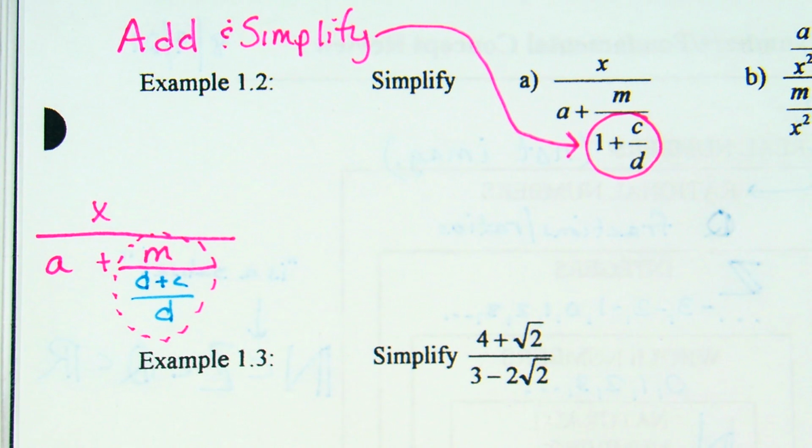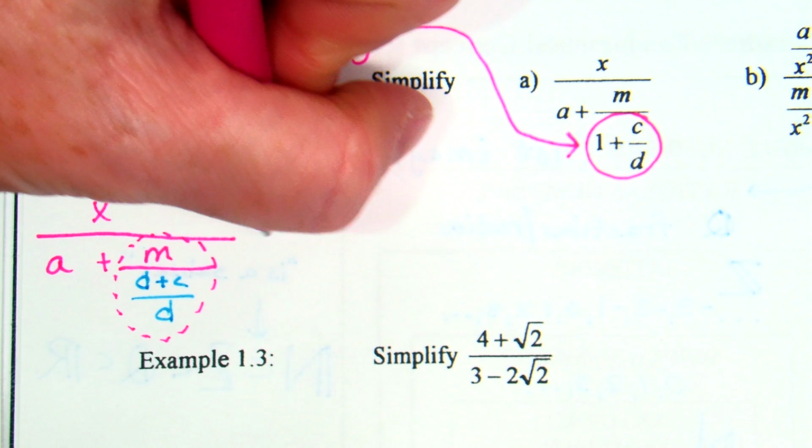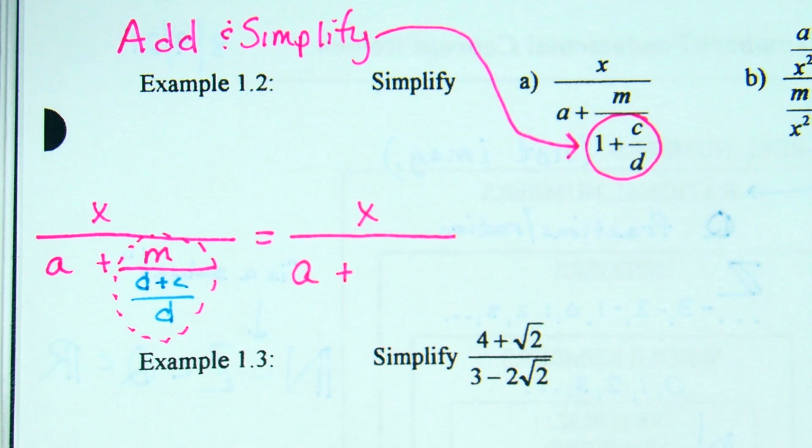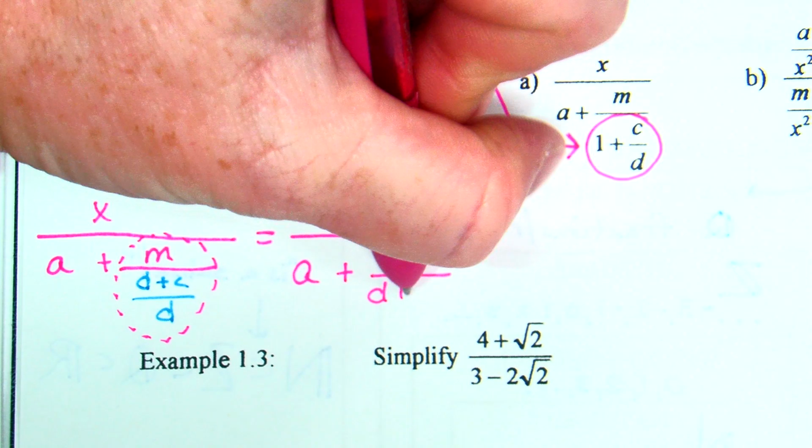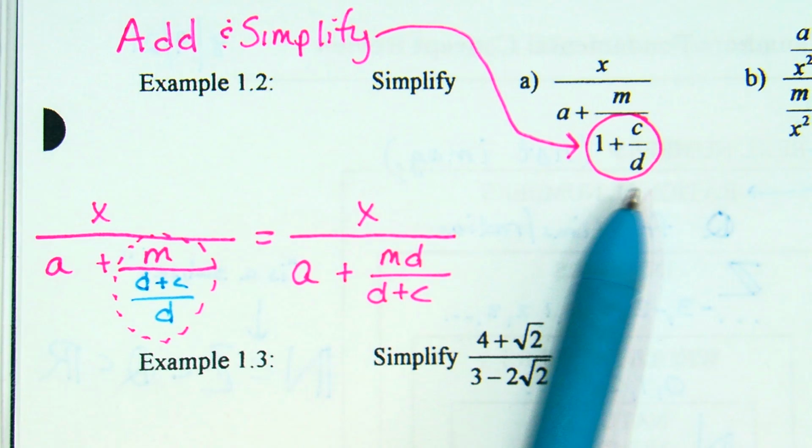So continuing along, I still have a big old X on top, don't I? I still have A plus, and now I'm going to rewrite it as MD over D plus C. So we took 1 plus C over D, we added it, and then we simplified it with the numerator it was under.